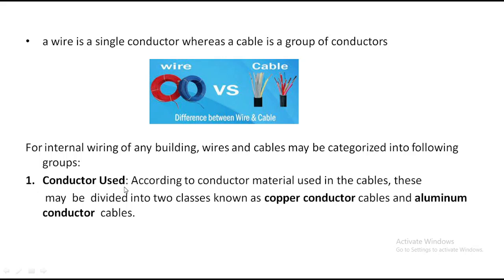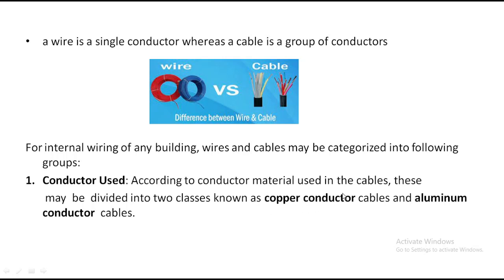In our electrical supply, we use conductors, one is copper and another one is aluminum. So there are two classes known as copper conductor cables and aluminum conductor cables.